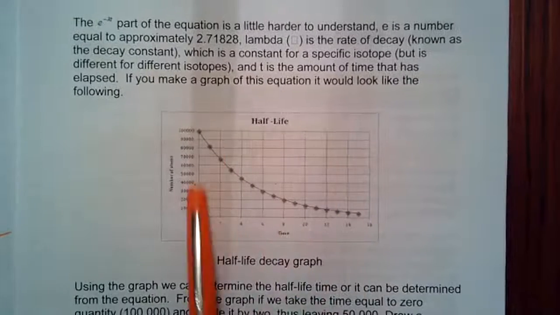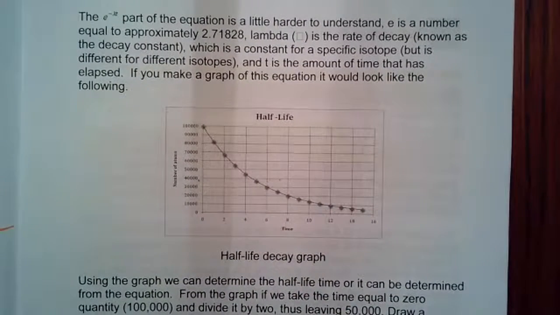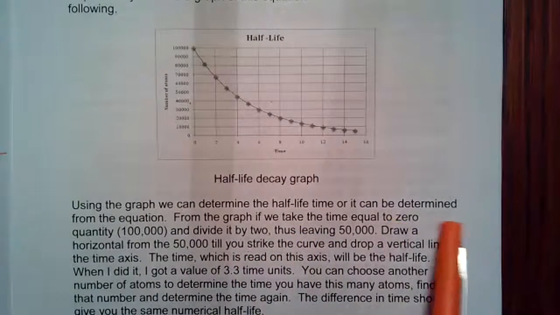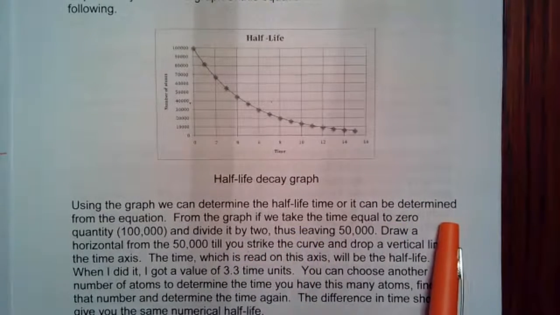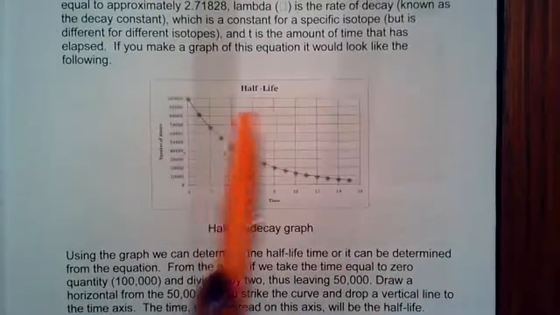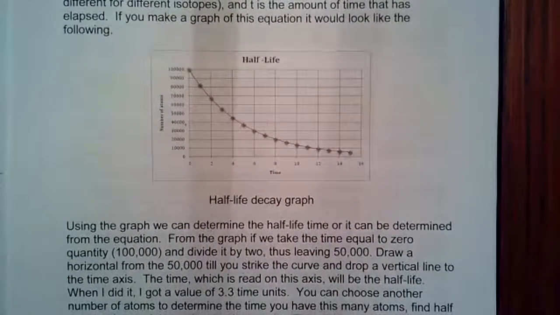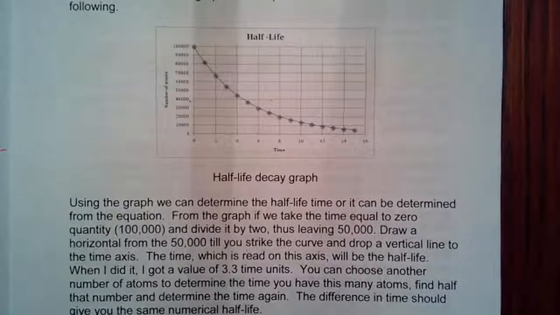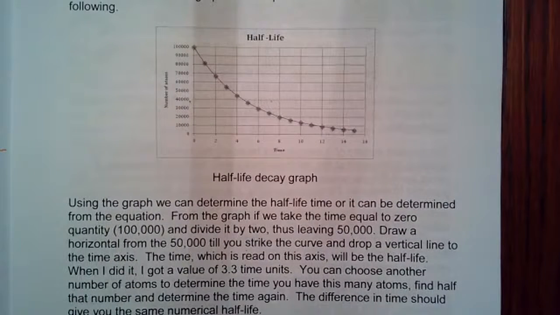So this is the shape of the graph that we were looking at. Using the graph, we can determine the half-life time, or it can be determined from the equation. So we can either use a graph or the equation to calculate the remaining nuclei or the remaining mass as time goes.